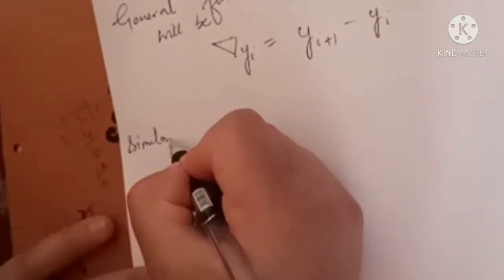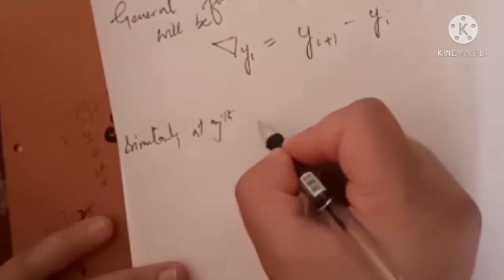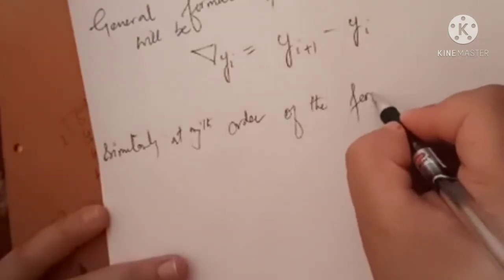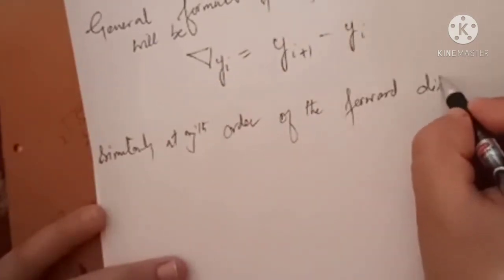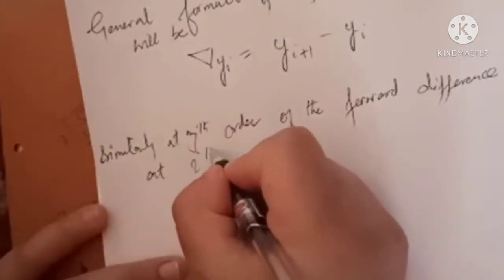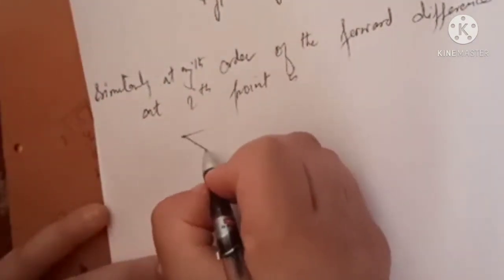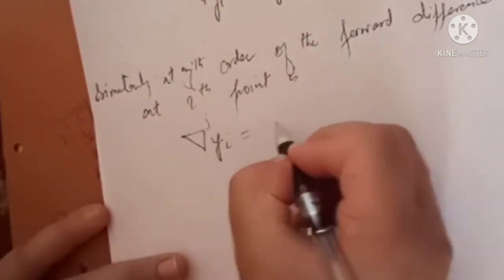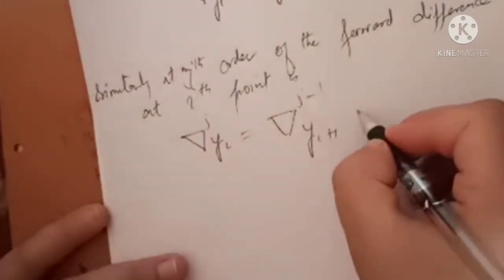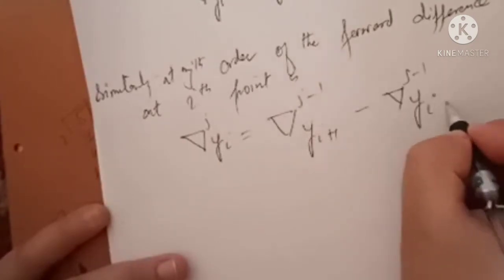Similarly, if we generalize this at the jth order, the jth order backward difference at the ith point is delta^j yi equal to delta^(j-1) yi minus delta^(j-1) y(i-1).